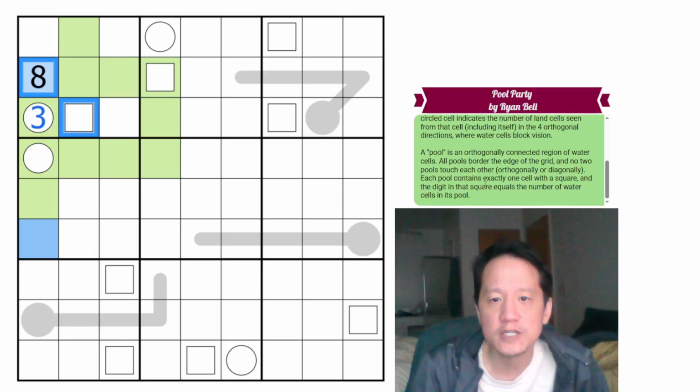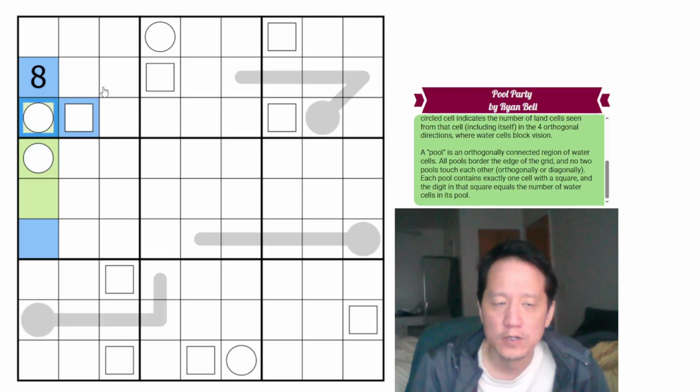Each pool contains exactly one cell with a square, and the digit in the square equals the number of water cells in its pool. Okay, so say this were a pool, and say this was some form of landmass.